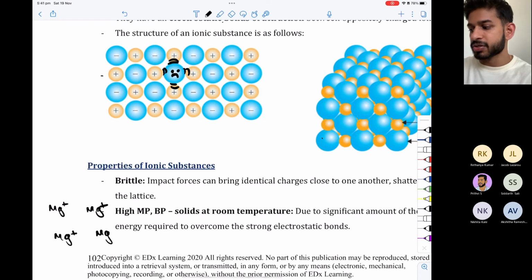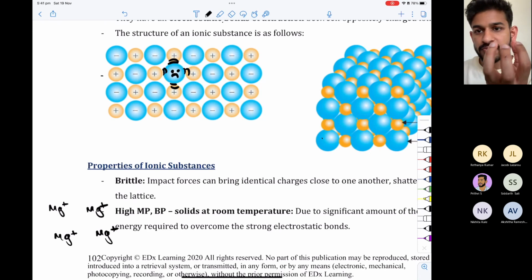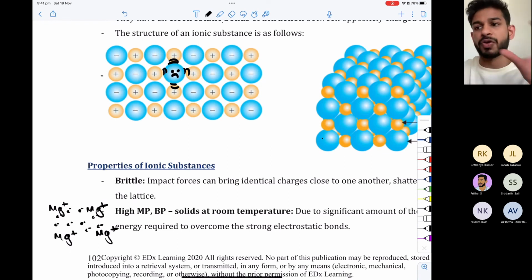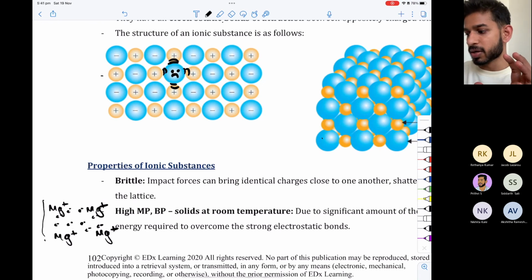But the electrons, remember, magnesium, the nucleus of an atom is huge. The electrons are tiny, they're like little dots, like little flies around people. The people stay still, but the electrons, these little flies, are always going to be moving around in every single direction. But more or less, it remains in this organized structure.